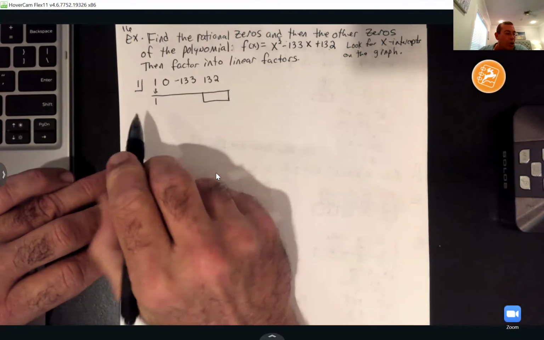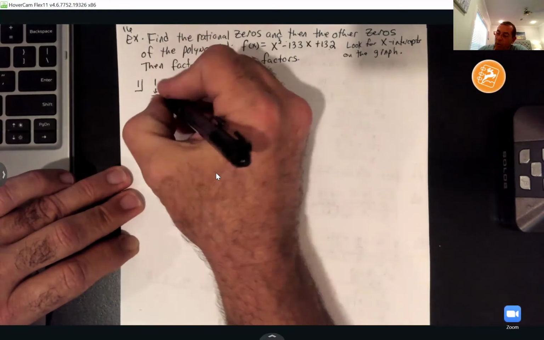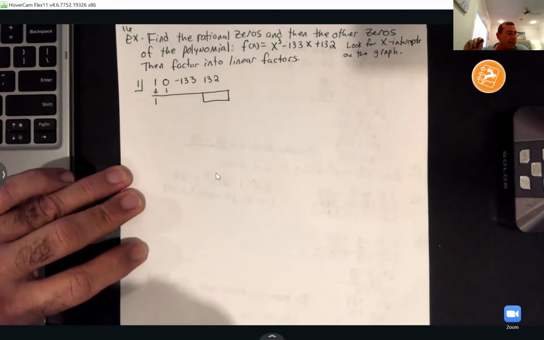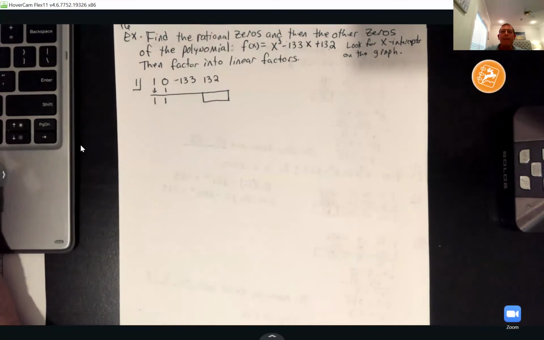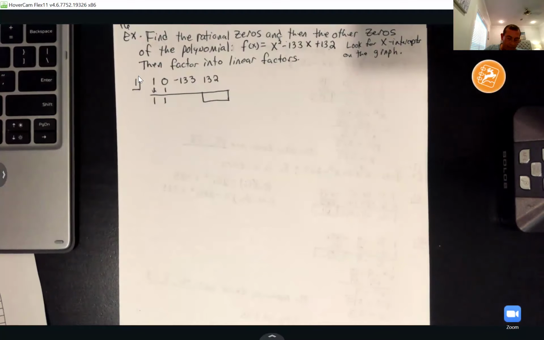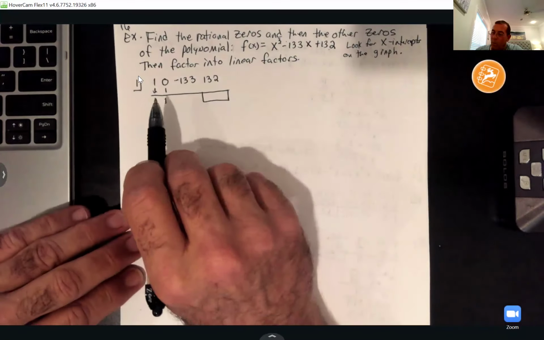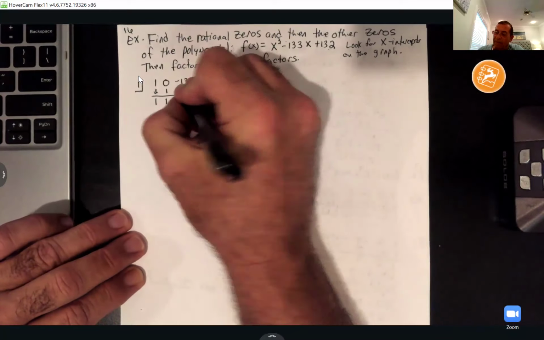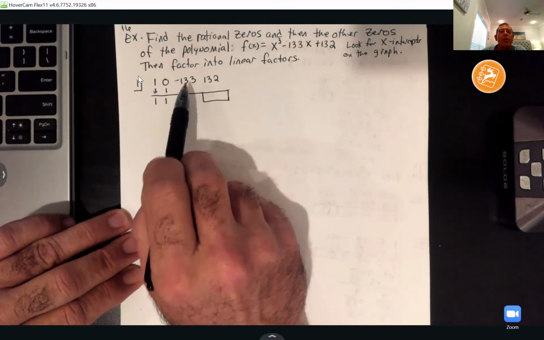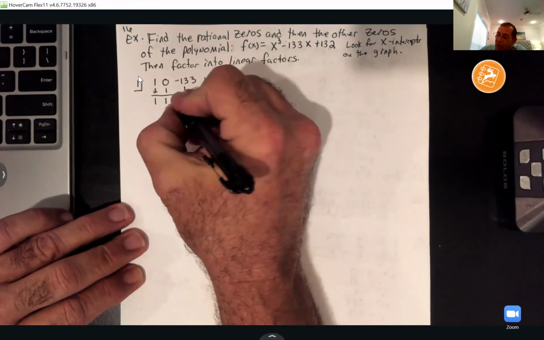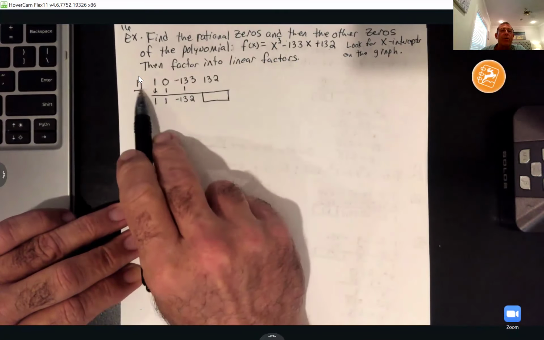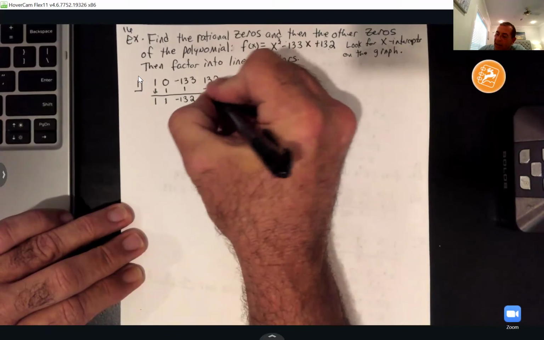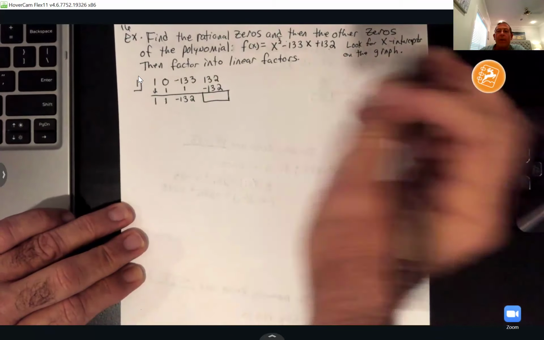All right, y'all, bring down the 1. 1 times 1 is 1. 0 plus 1 is 1. 1 times 1 is 1. Negative 133 and 1 is negative 132. Negative 132 times 1 is negative 132.